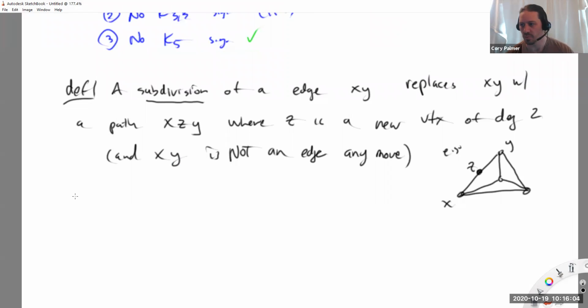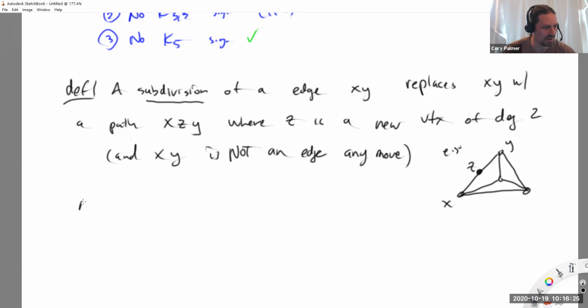And actually, what we're more interested in is the definition of a subdivision of a graph. A subdivision of a graph is just repeated applications of subdivision however you want. If you do subdivisions multiple times along edges and different edges, the resulting graph is a subdivision. So if I give you a graph, there are infinitely many subdivisions. Each of them is called a subdivision.